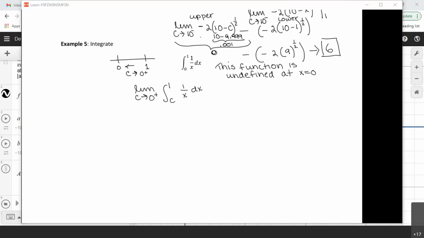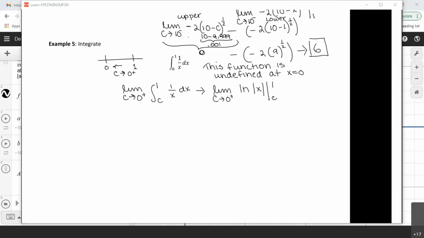You might remember that if I integrate 1 over x, I get ln of the absolute value of x. That's a simple integral.